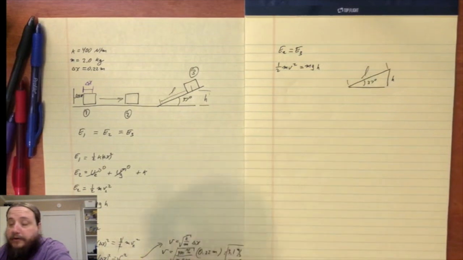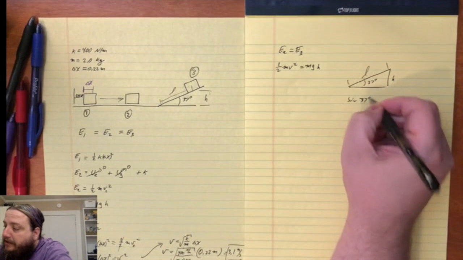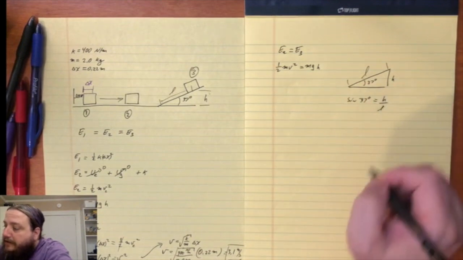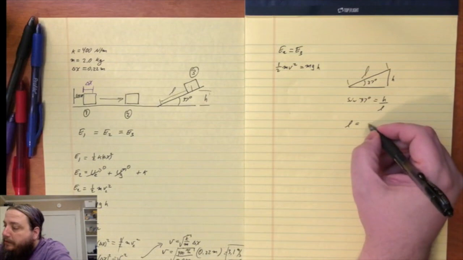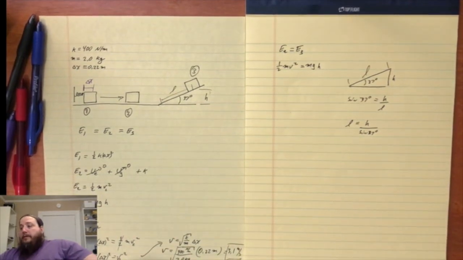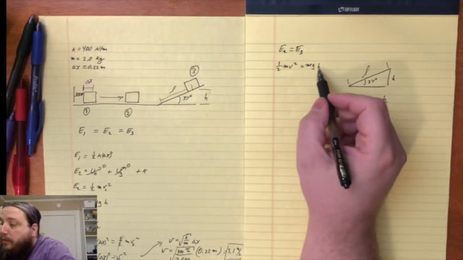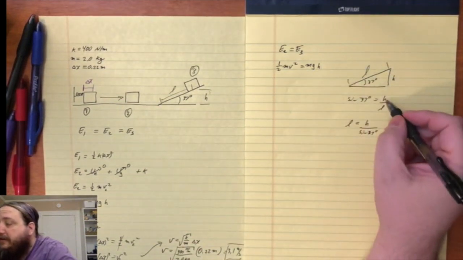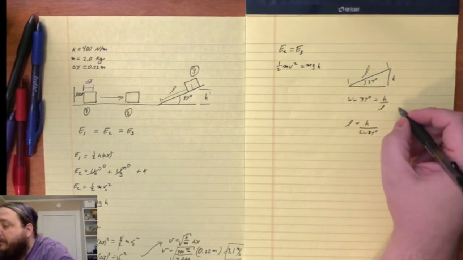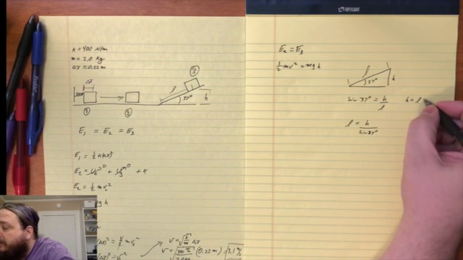So opposite over hypotenuse, the sine of 37 degrees is h over L. So L then would be h divided by the sine of 37 degrees. But in fact, what we want to do is solve this for h so that we can replace the h in there with the L. So h here is L times the sine of 37 degrees.